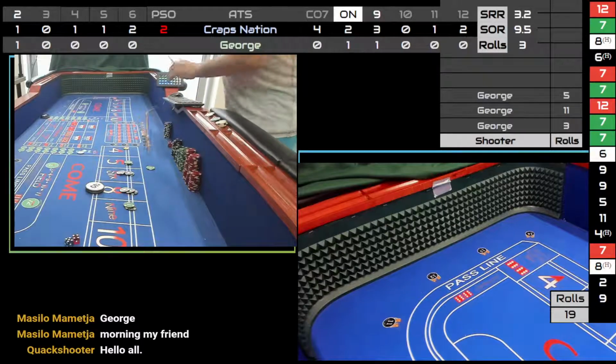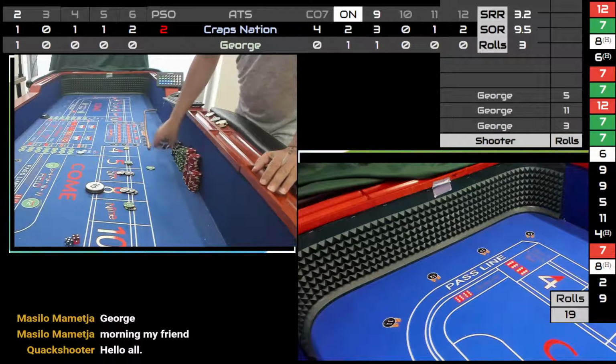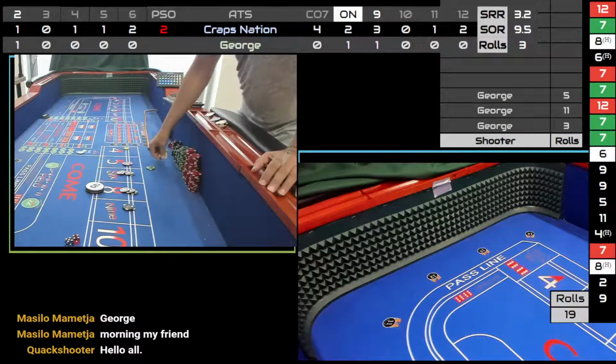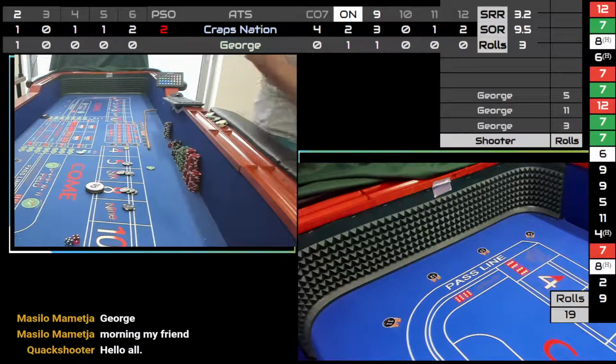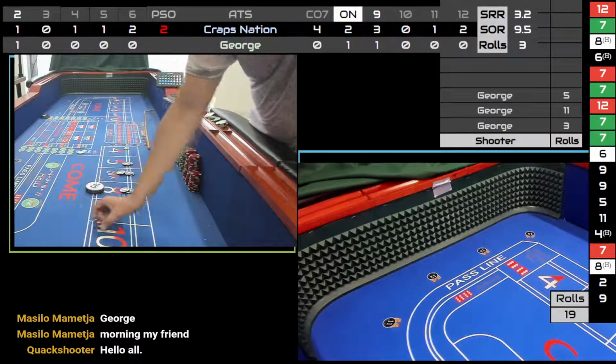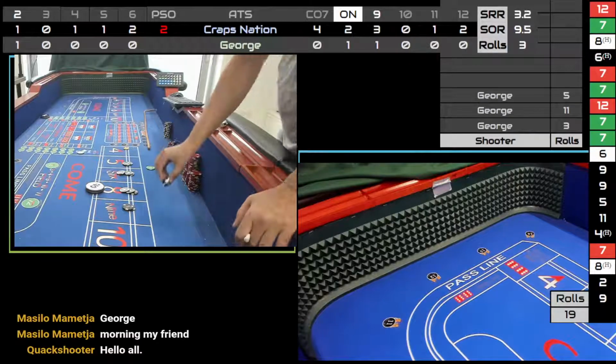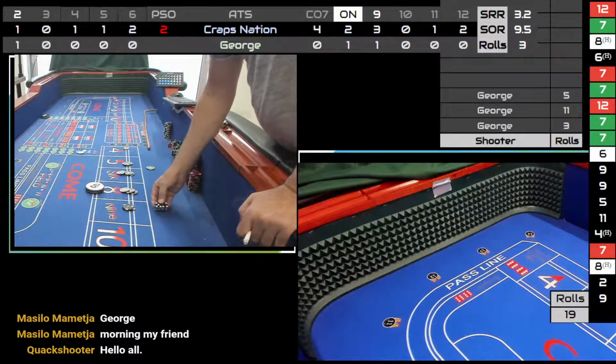Pays 175 or 200 for this. Take that to 2, like this. Ace 5, ace 4, that was primary. Dice out.